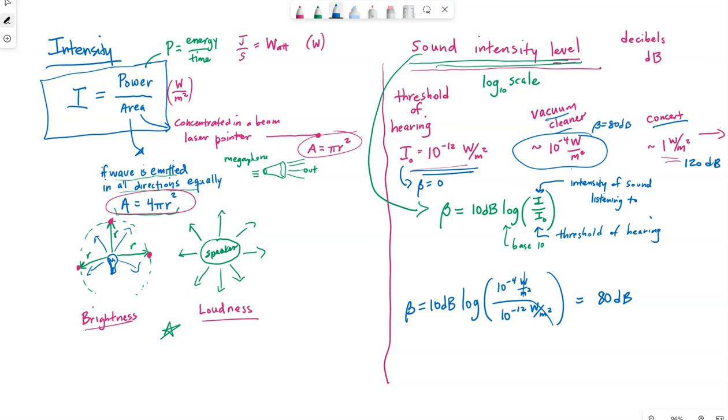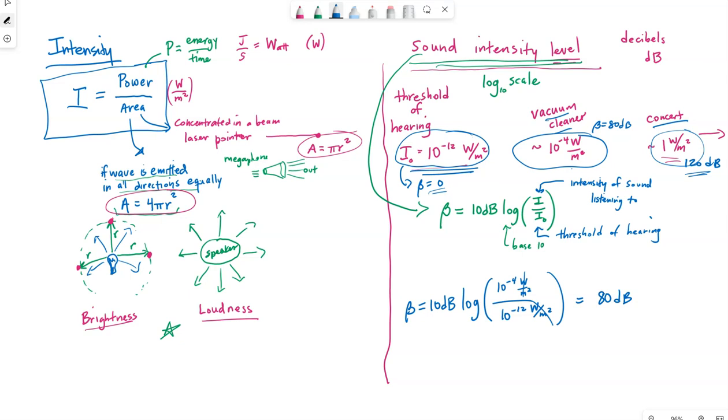So now we're going from a scale that spanned 10 to the negative 12 to well beyond 1, to a scale from 0 to 120 and beyond as well. It's a logarithmic scale though, so we can't simply add decibel levels together.